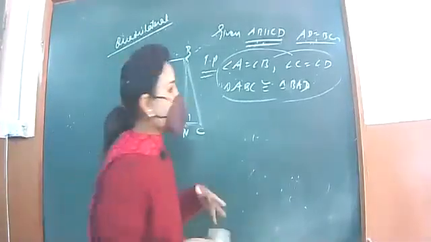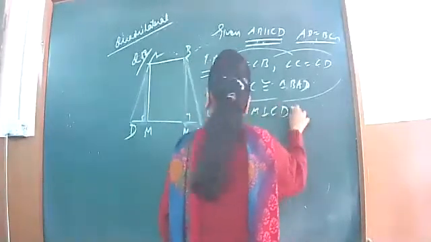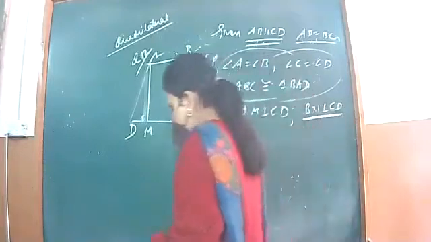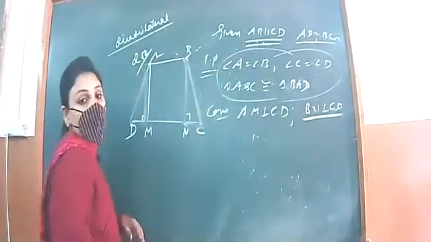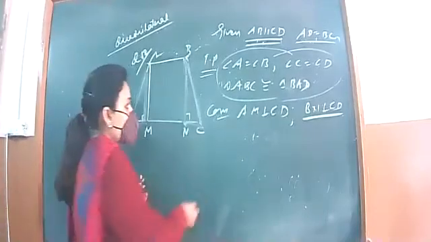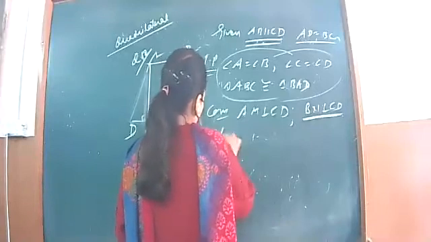So this construction that AM perpendicular to CD and BN perpendicular to CD is drawn, and we need to prove that these triangles are congruent. So let us start with the proof.